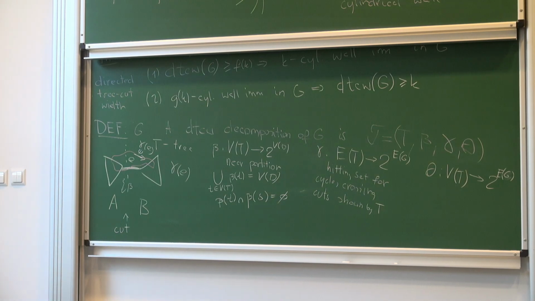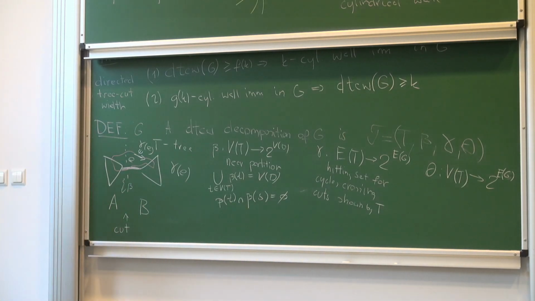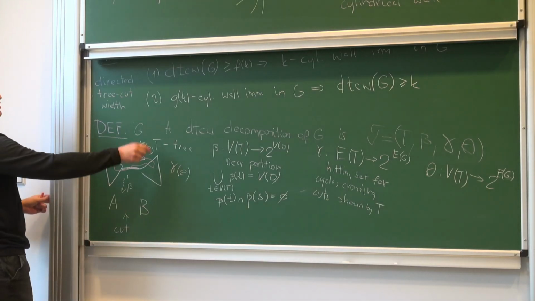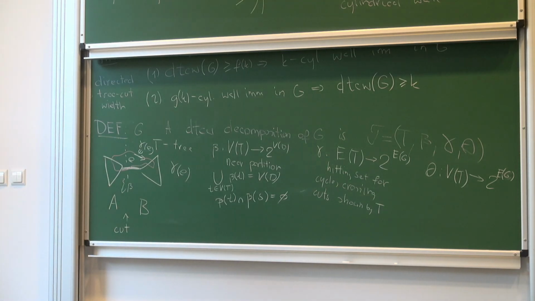Yes, if it's an actual directed cut, so there are edges just going in one direction, there are no such cycles, so the empty set works. But in general, this could be some more complex set, and it can contain edges anywhere in the digraph, not just in the cut. Okay.